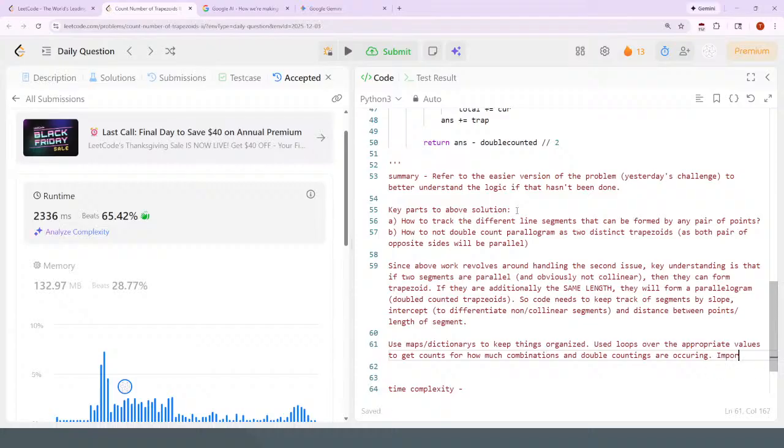Importantly, I use reduced integer values for storing slopes rather than decimals or floats, since those can be imprecise or just too slow.